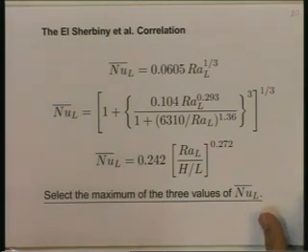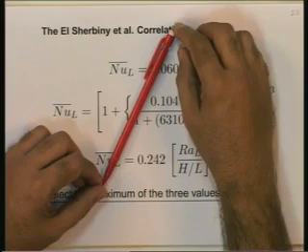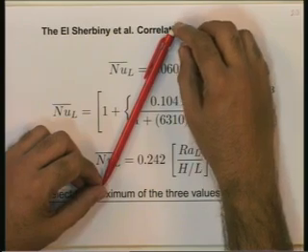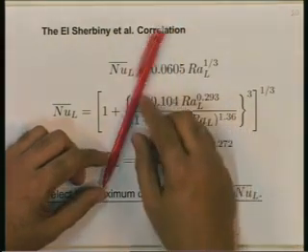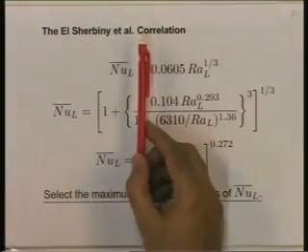Now, the earlier correlation by Buchberg gave us correlation for Nusselt number up to an inclination of about 70 degrees. So, from horizontal to approximately 70 degrees, we have the Buchberg correlation. For vertical, we have the L-Sherbini correlation.